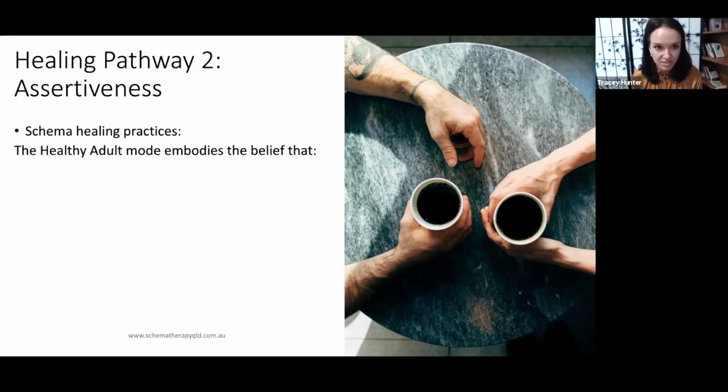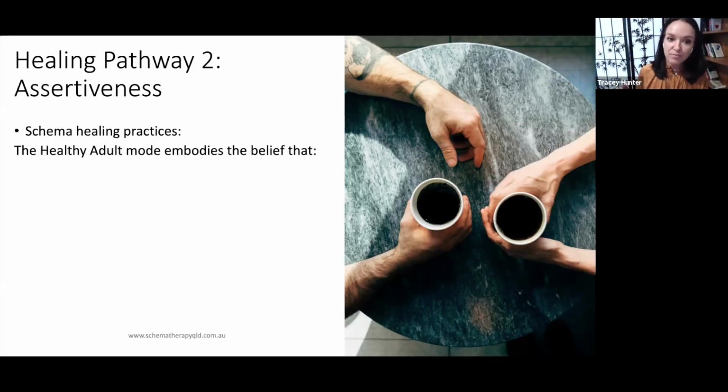Some schema healing practices help clients with subjugation, with self-sacrifice, who feel responsible for other people and feel a lot of guilt. Maybe they even fear a partner's mood, like, my partner's so moody, but then they have to suppress their own positive mood states to try and match the partner's mood state.